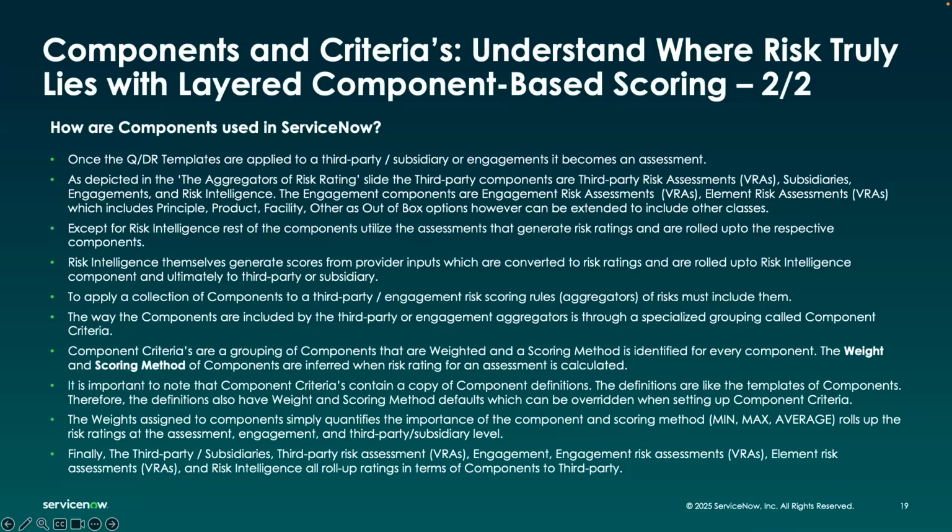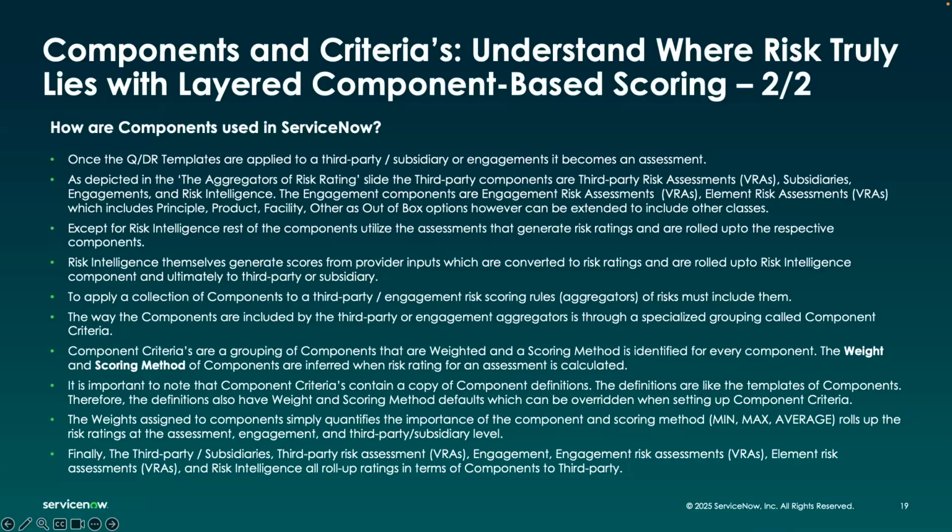As you may recall from the earlier components and risk areas discussion, ServiceNow supports a fixed set of predefined components: third-party risk assessments, or VRAs, direct evaluations of the third party; subsidiaries, organizational entities under the third party involved in the relationship; engagements, representing specific business activities or contracts; and risk intelligence, externally sourced indicators of vendor trustworthiness.